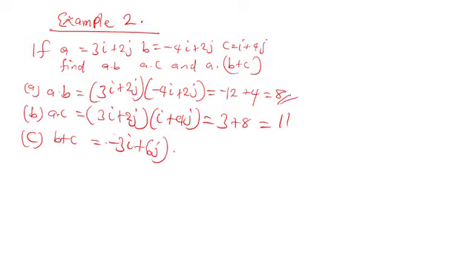This is B plus C. Then we multiply it by A, which is 3I plus 2j. So minus 3I times 3I is minus 9, then 6 times 2 is plus 12. So 12 minus 9 is equal to 3.